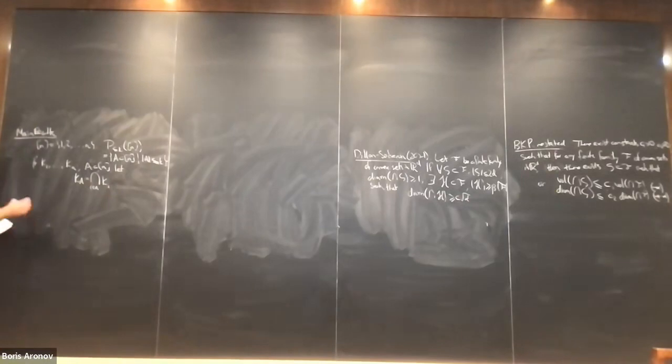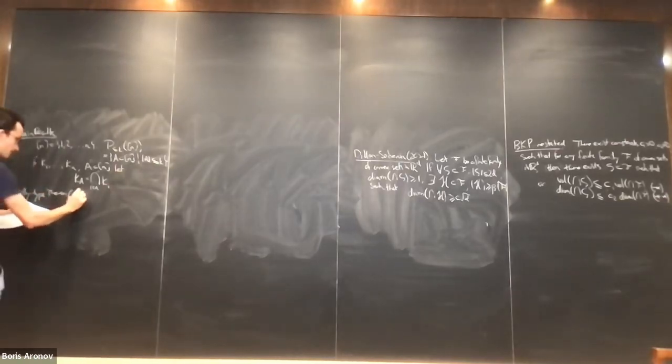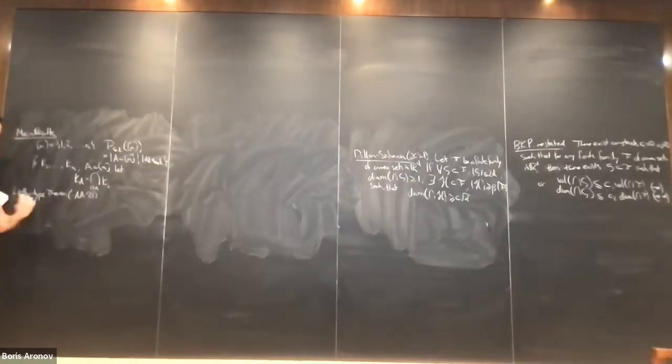So the Helly-type theorem we found in 2021 was the following.